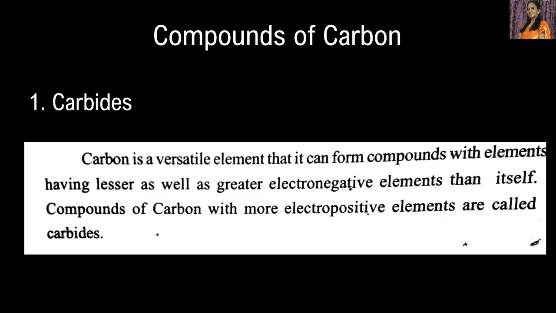Because of that, it has the ability to form versatile compounds. Compounds of carbon with more electropositive elements are called carbides. That is, the other element should have more electropositivity than carbon. Then the compound formed is known as carbide.